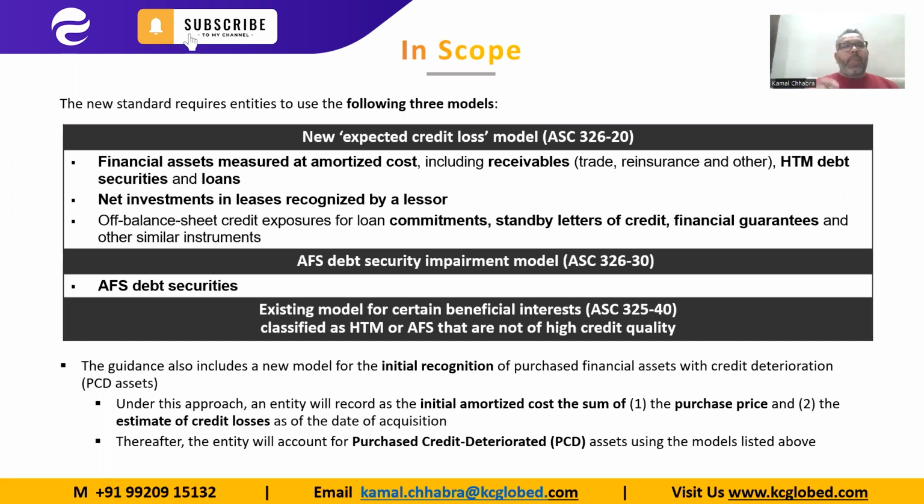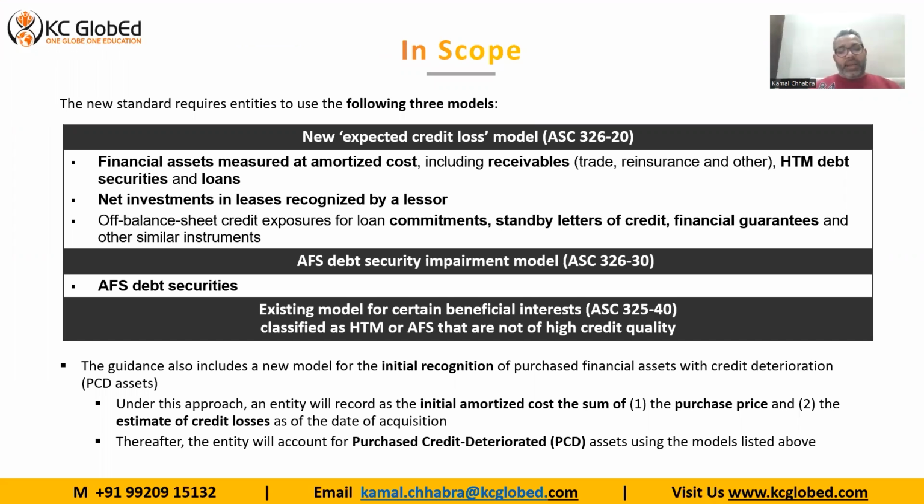For that also, if there is any expected credit loss, that you are not expected to recover the money fully, then you need to apply ASC 326 and book the losses. Third is off-balance sheet credit exposure of loan commitment, standby letter of credit, or financial guarantee, and any other similar instrument. For them also, you will be applying ASC 326.